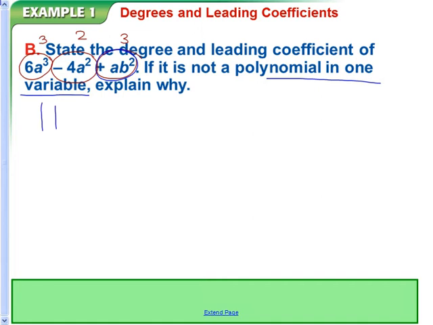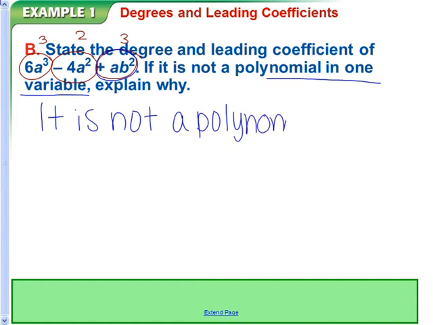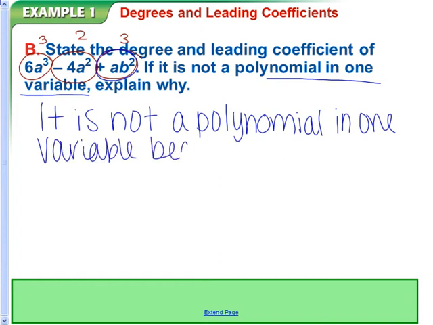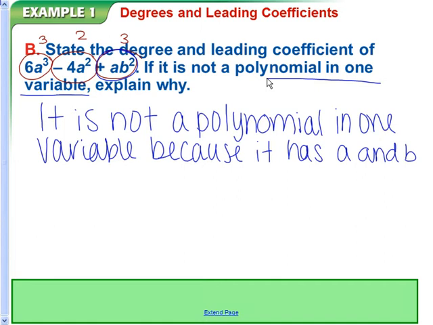So we'll say it is not a polynomial in one variable because it has a and b. So since it's used 2 variables, we can't do that stuff.